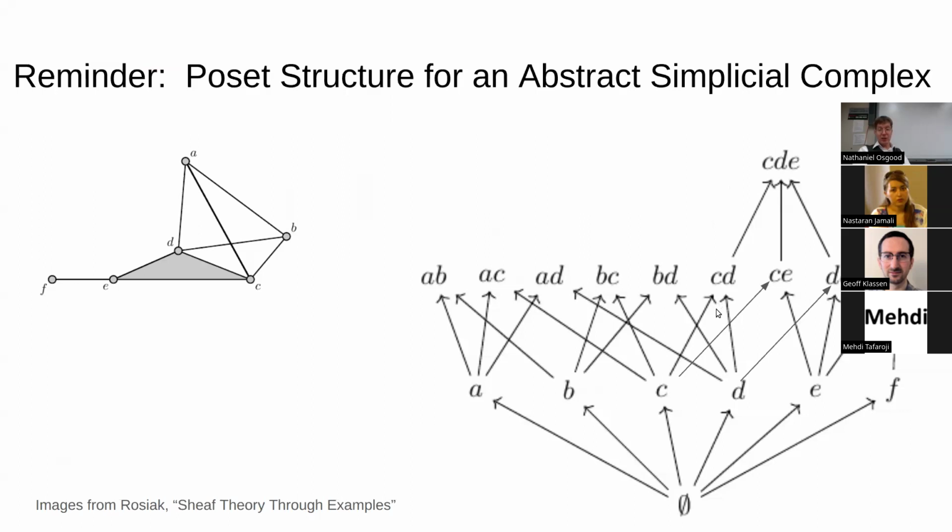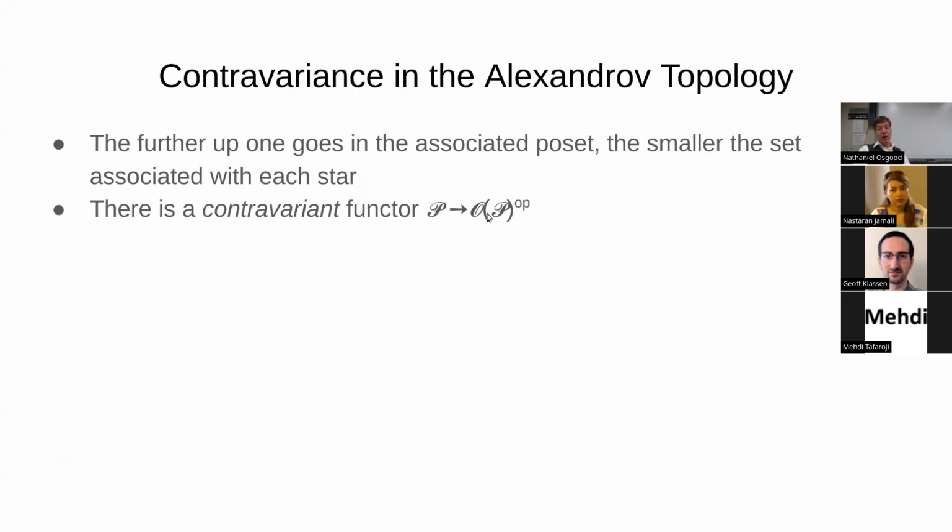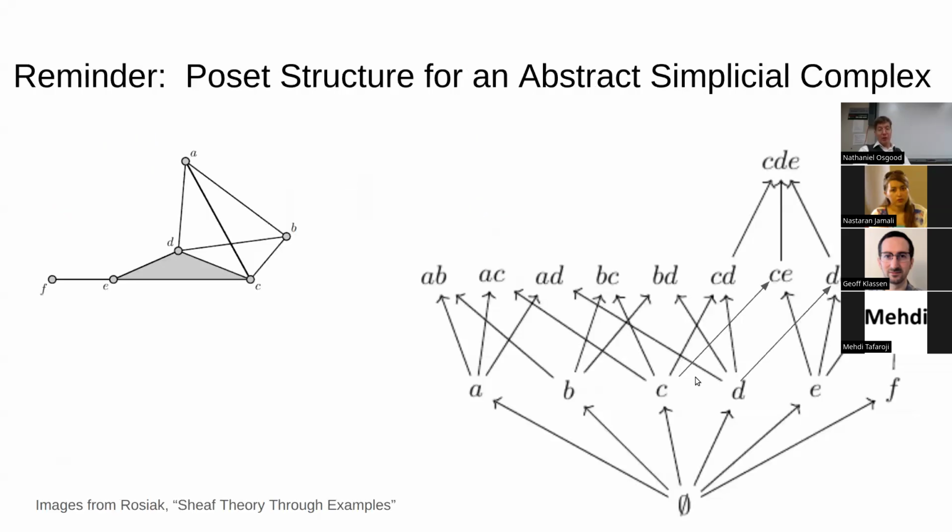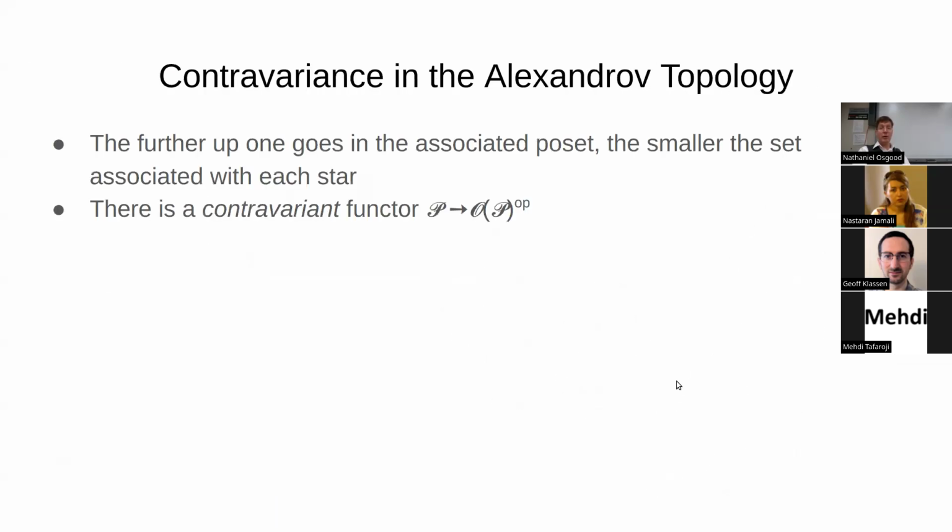So even though in this category there's a morphism from C to CD, in this category here, there's a morphism from the star of CD to, in other words, it's included in the star of C. Are we comfortable with that? That's why it's contravariant.